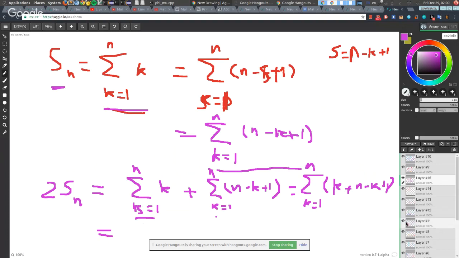So we have that this is the summation of k from 1 to n, and the term inside is n plus 1.